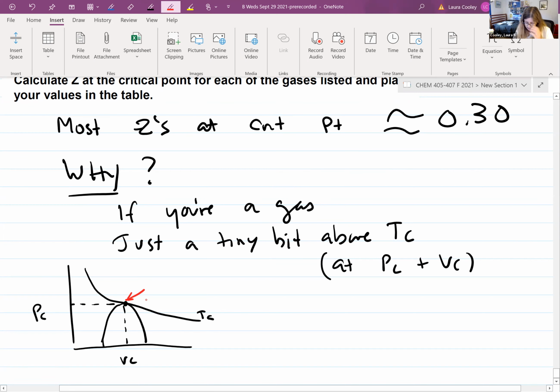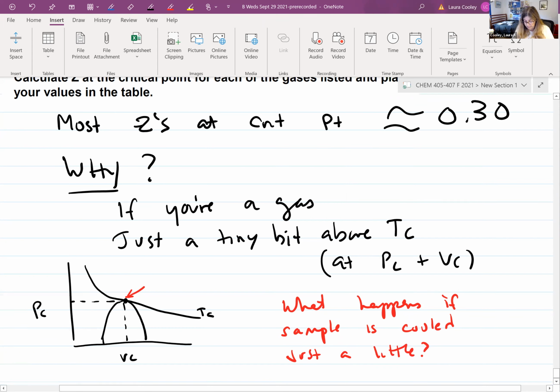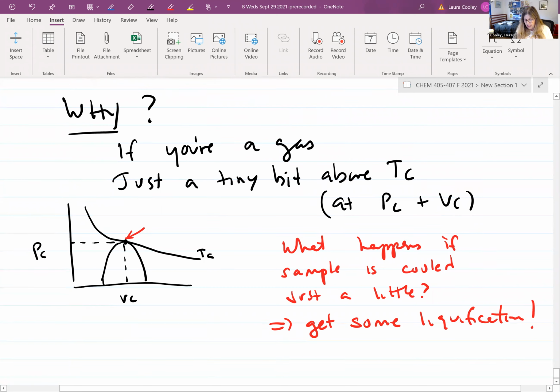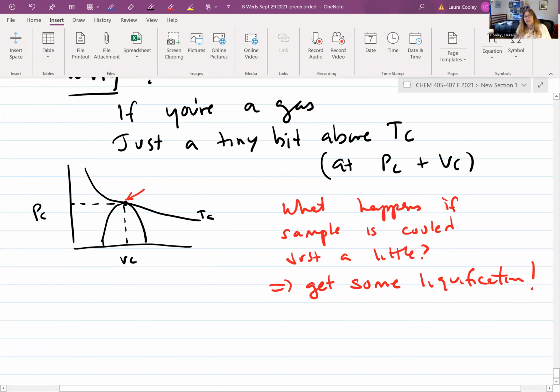Okay, so what happens if the sample is cooled just a little bit? Well, you're in the liquid gas region. You get some condensation, you get some liquefaction. So that gas is just primed to be a liquid. It must have strong attractions there, right? Z is way less than 1.